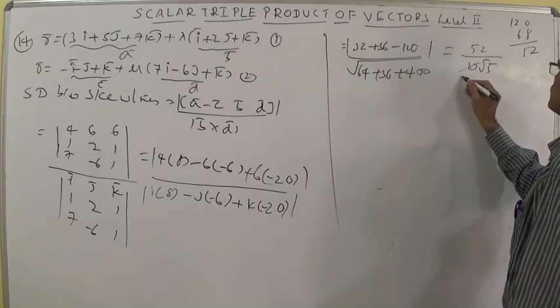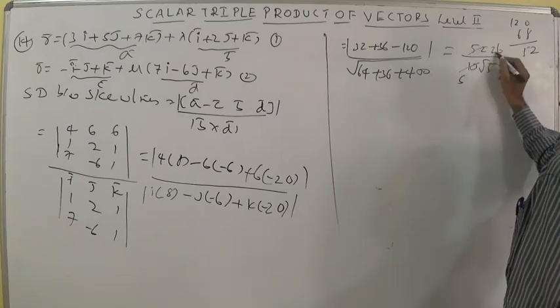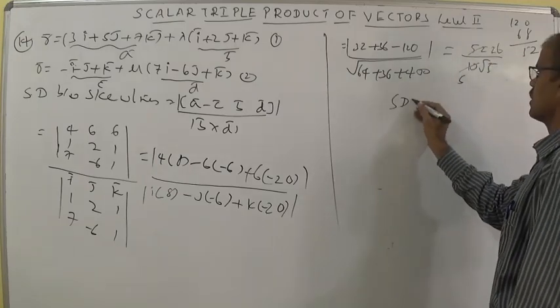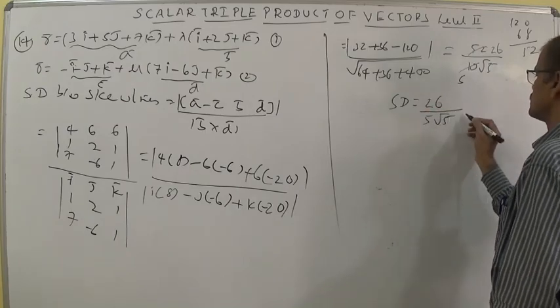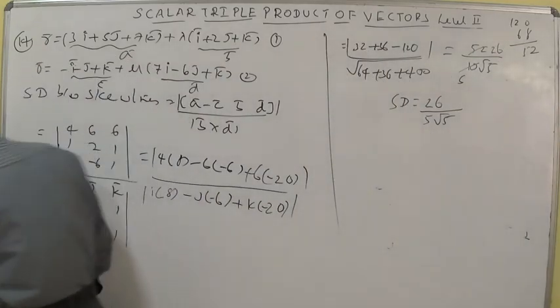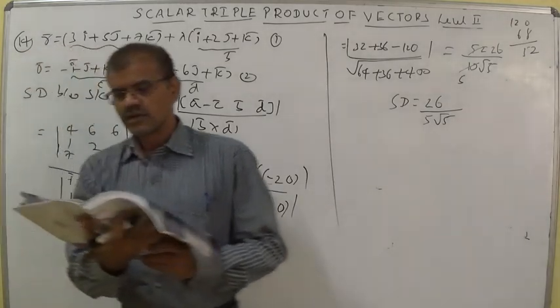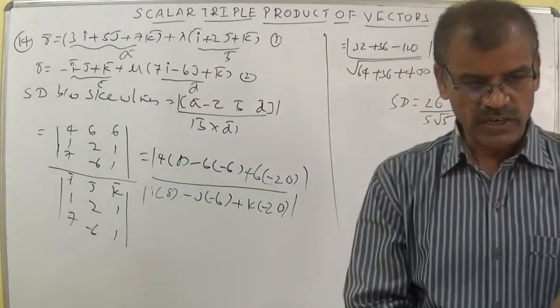If we cancel here, 2 5s are and 2 26s are. The shortest distance between two skew lines is 26 by 5 root 5. According to the options, 26 by 5 root 5 is the second option.